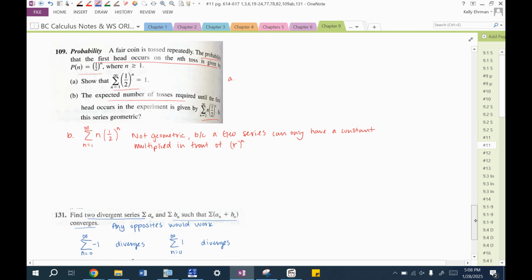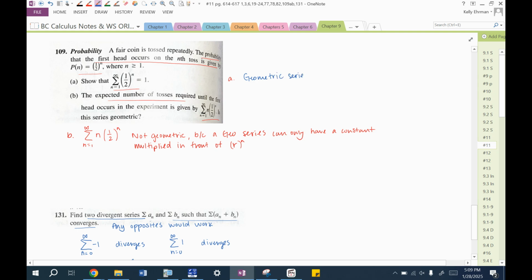Mixing stats with calculus here, a probability question. They've given us this probability that a fair head occurs on the nth toss is just 1/2 to the n. Show that the sum from 1 to infinity of 1/2 to the n equals 1. So this is a geometric series.